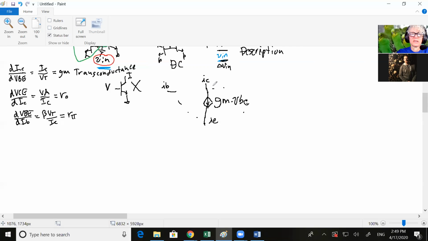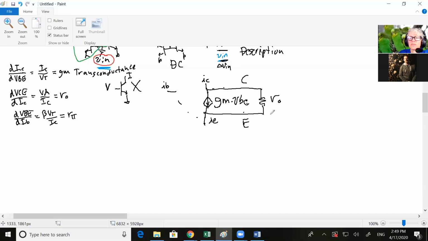Okay. Now another thing we found out, I'm going a little fast here, but we found out that we treat that as the collector and the emitter. The second piece of math we did right here, that we found that when VCE changed, the current through here changed like this was a resistor of size RO.